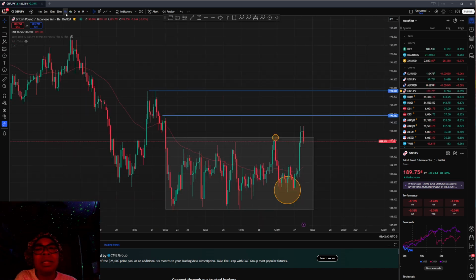So I always kind of look at the 4 and the 1 hour, and then I make my entries on the lower time frames. And it just depends on how it's moving, how I do that. So when you're trading, just remember you have to be dynamic. And dynamic means move with the market and respond to how the market's moving.